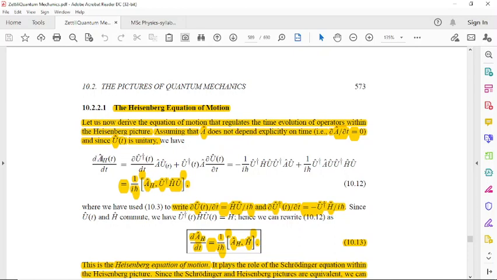Then we can transform this A_H into the Schrodinger A using the unitary operator. So we can write dou by dt of U dagger t A U t plus U dagger t A dou U by dou t.